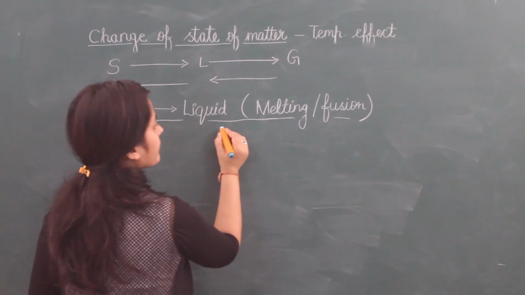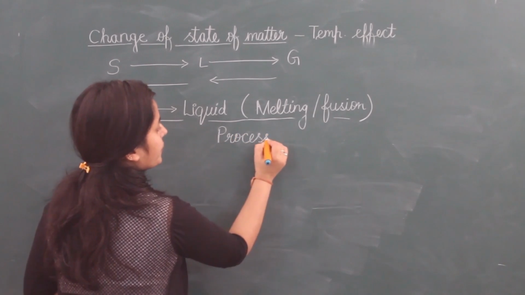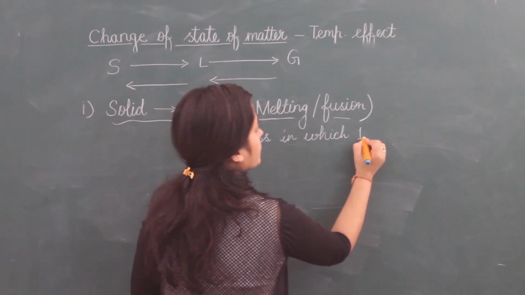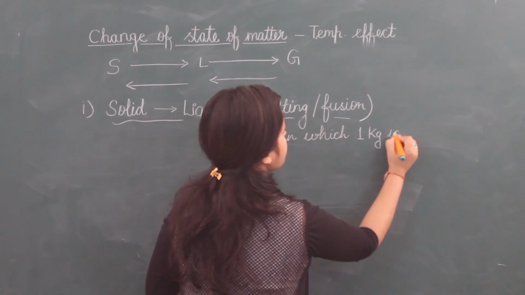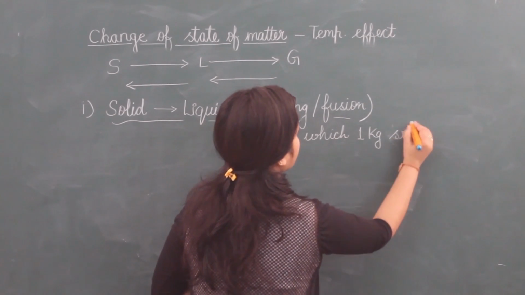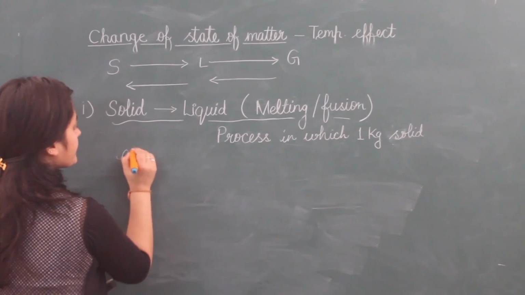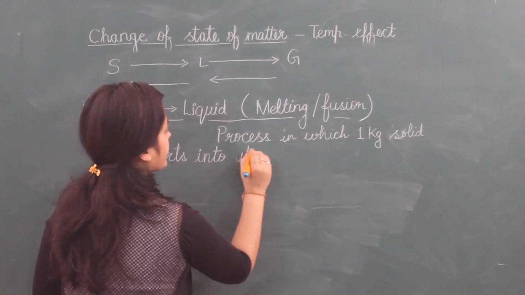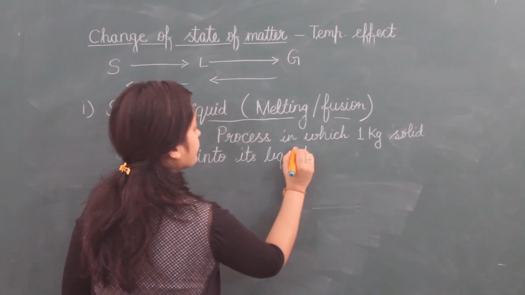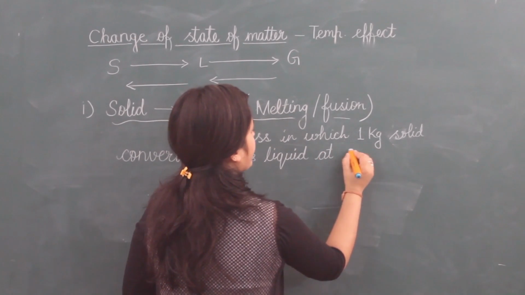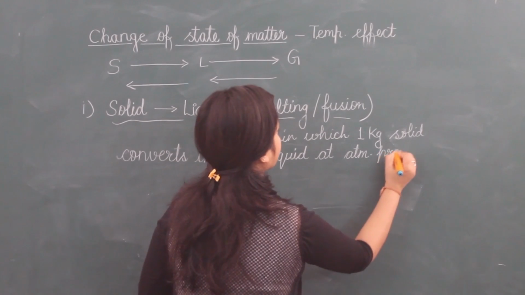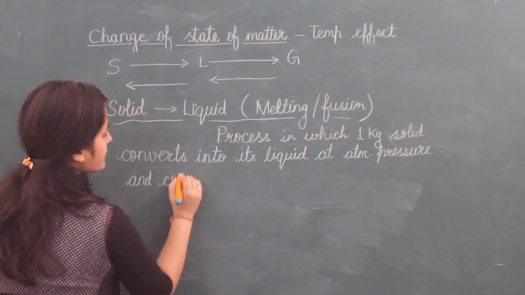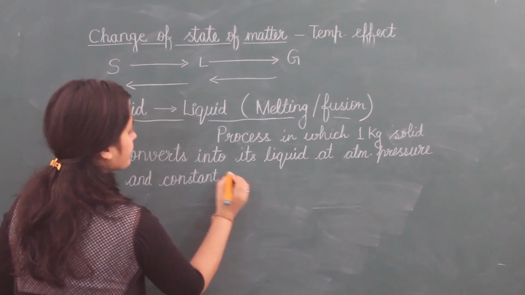So what is it? Process in which 1 kg ice, or simply we can say 1 kg solid, converts into its liquid at atmospheric pressure and constant temperature.